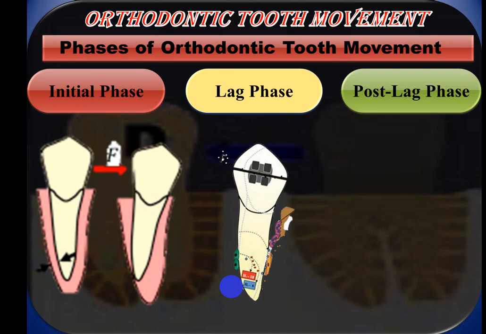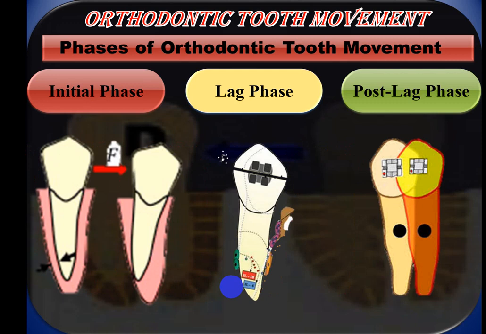The post-lag phase is characterized by the removal of the hyalinized area and the occurrence of tooth movement. So in the post-lag phase, the tooth movement will occur after the end of the bone remodeling.